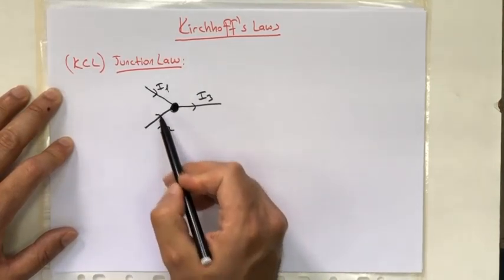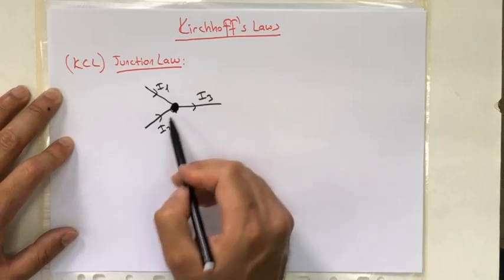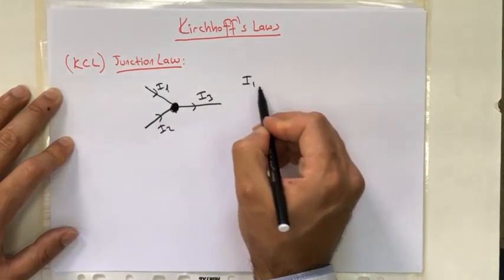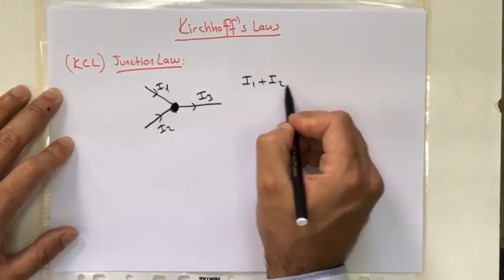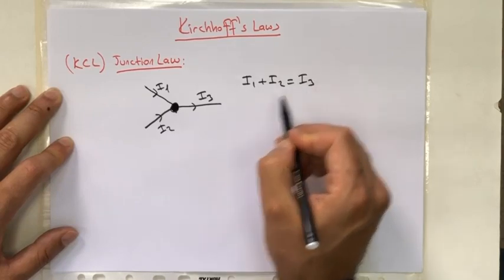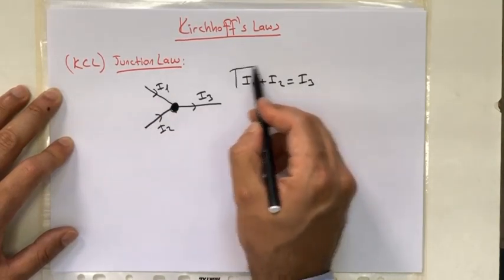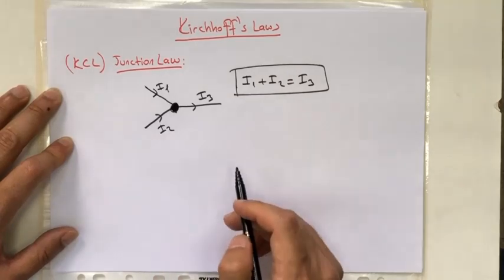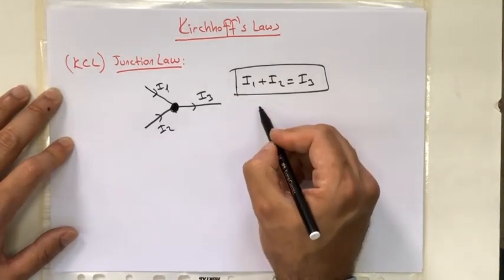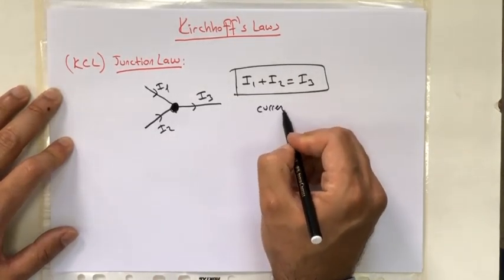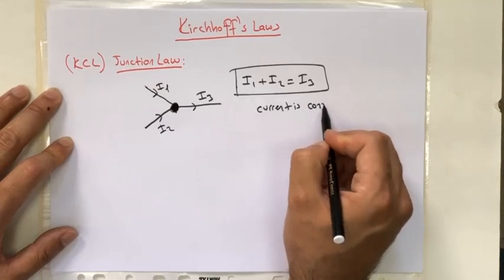I1 and I2 enter this junction, I3 leaves this junction. So the sum of I1 and I2 must be equal to I3, as the junction law states. So we can say that the current is conserved.